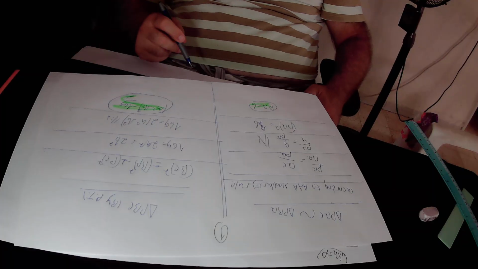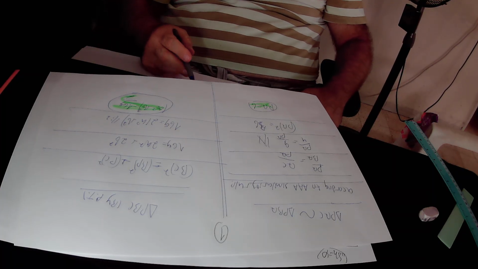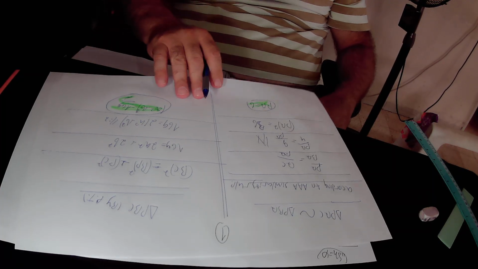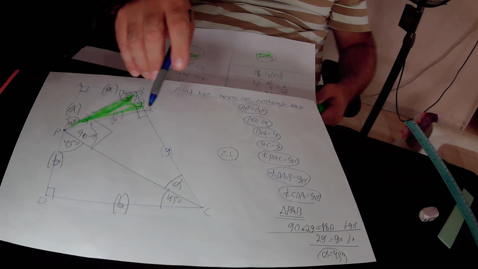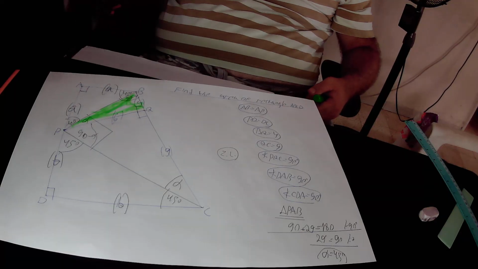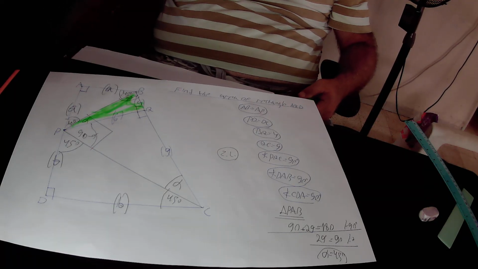Again, we found out that A square plus B square equals 169 over 2. Our mission is to find out the area of this trapezoid ABCD. So what is the area of trapezoid ABCD?